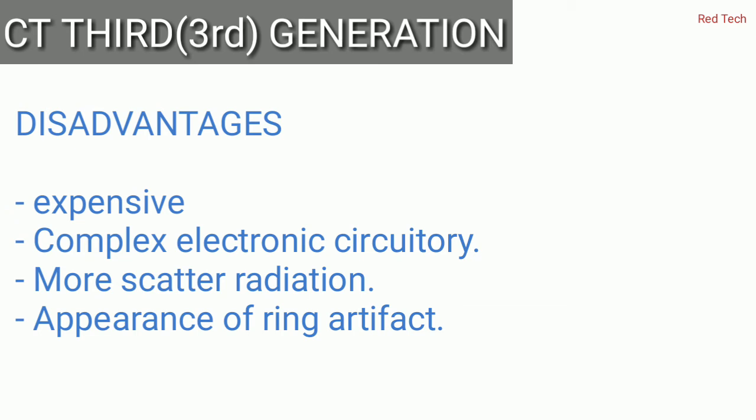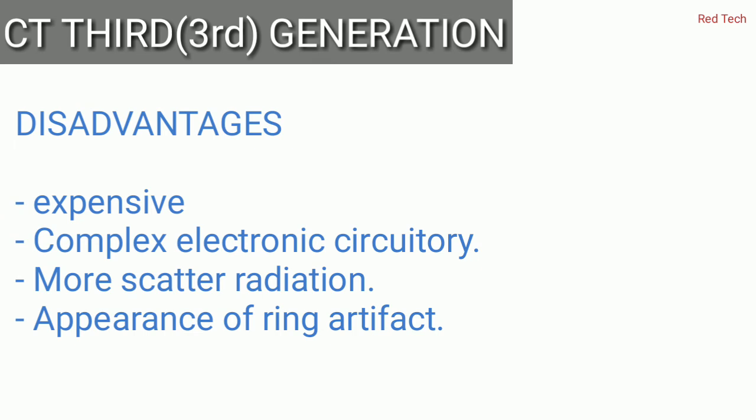A question may arise in many examinations: at what generation was ring artifact seen or did it arise? The answer is third generation CT. Every radiographer should remember this. Complex electronic circuitry is because of the large number of detectors used, so the wiring and connectivity is very hard.